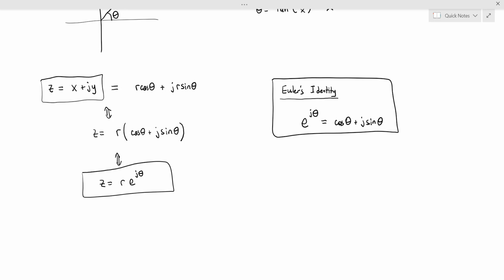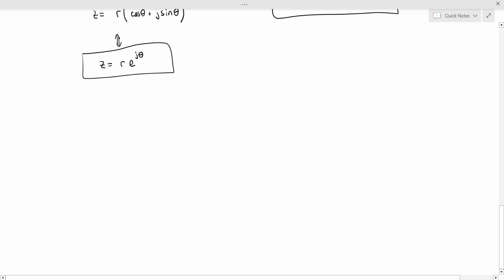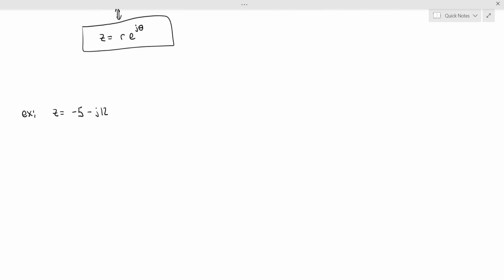a few examples of switching between rectangular and polar representations of complex numbers. So let's start with the complex number z equals minus 5 minus j times 12.